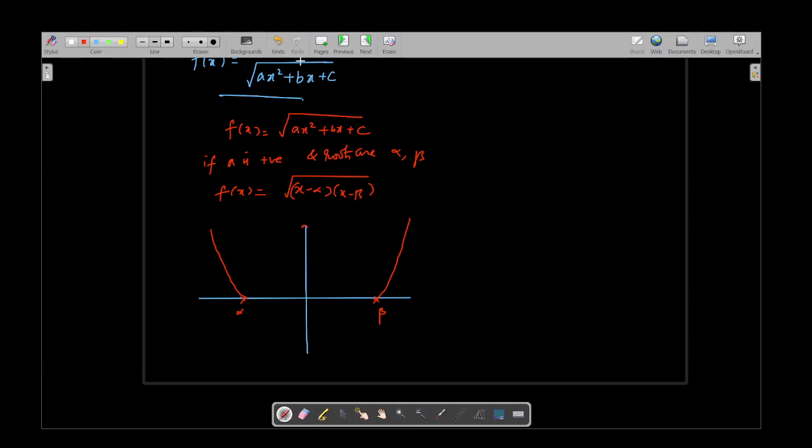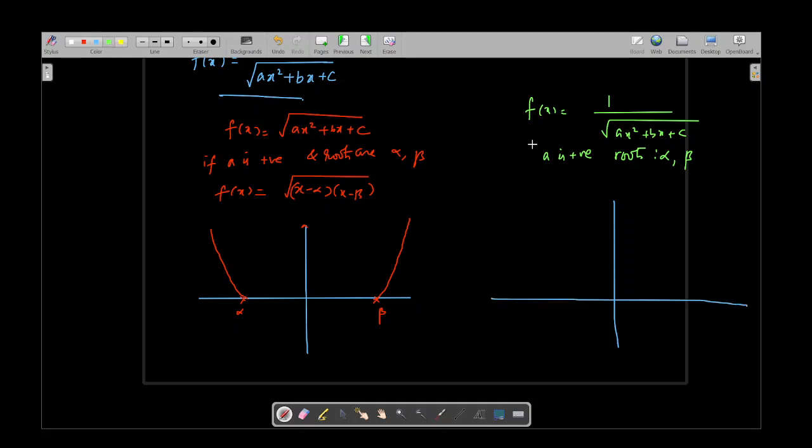But when you take this in the denominator, f of x is equal to 1 by square root of ax square plus bx plus c, and if a is positive here as well and the roots are alpha and beta, then the curve will look like this.